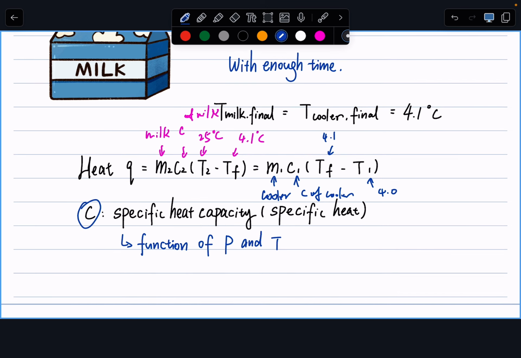It's more or less like an average heat capacity that scientists can measure. Later on, we'll give heat capacity a more careful definition in terms of thermodynamics. But for now, heat capacity is something you can measure, and it can be a function of pressure and temperature as well.